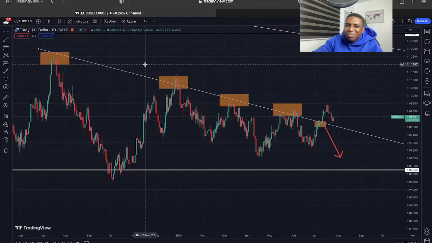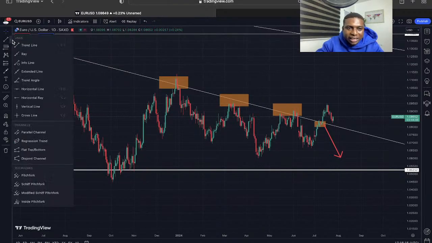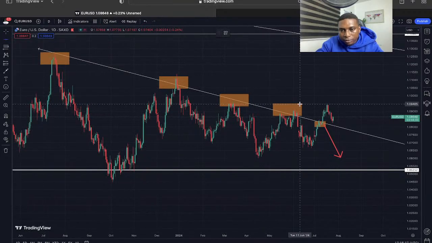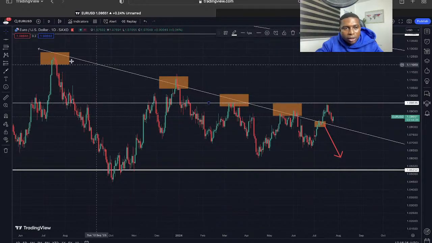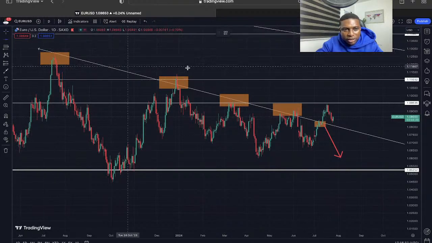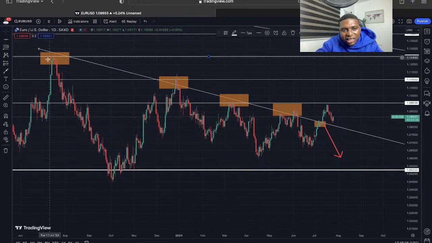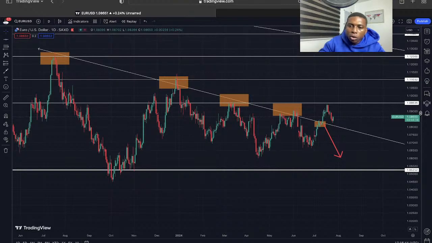We have some minor resistance zones to watch out for: this next resistance zone here, also this resistance zone, and also this resistance zone. Literally those zones where price was rejected when the higher lows were being created. Those are the zones we can watch out for.